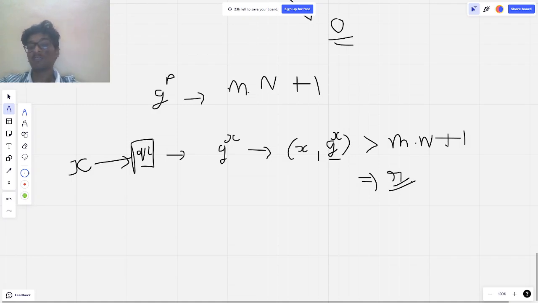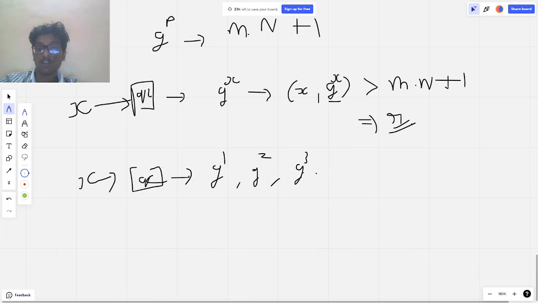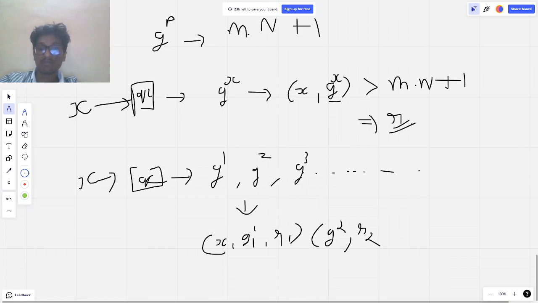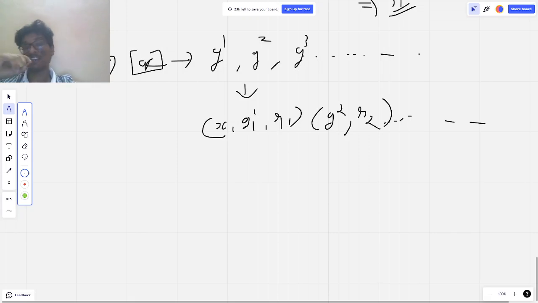This is actually what a traditional computer does. We can do this in a traditional computer. What the quantum computer will actually do, instead of giving one remainder, is calculate for all possible numbers. So g power 1, g power 2, g power 3. A superposition of all possible numbers it will calculate, and it will give g power 1 with r1, then g power 2 with r2, and like that, for every number it will find the remainder, which is how much larger it is than the multiple of n plus 1.